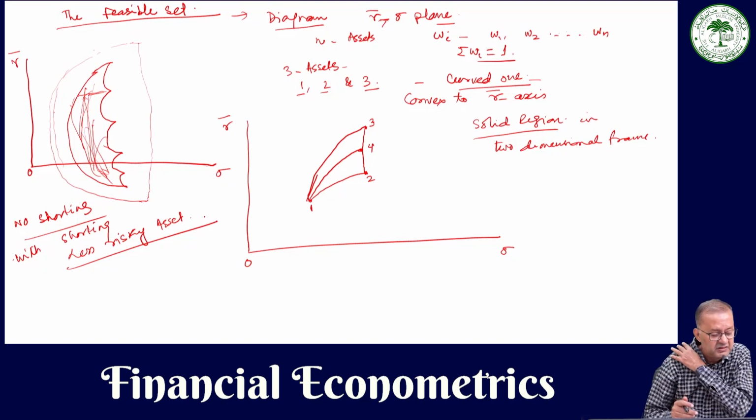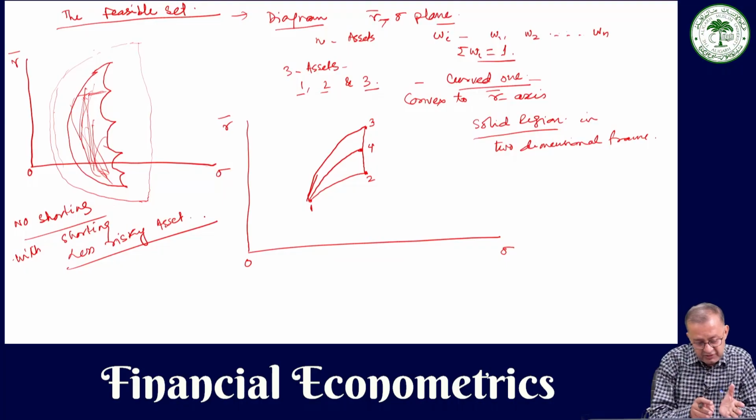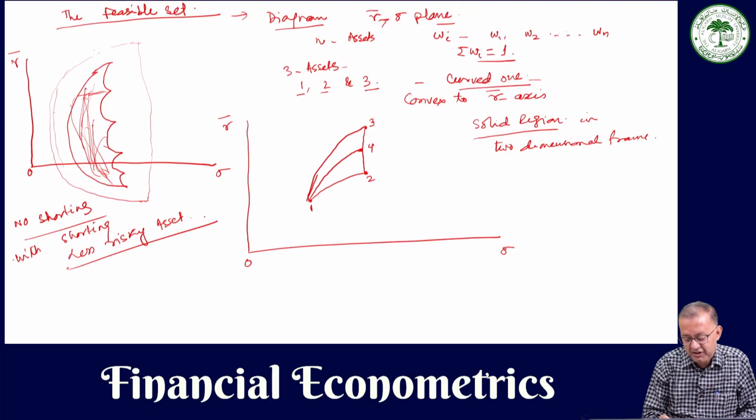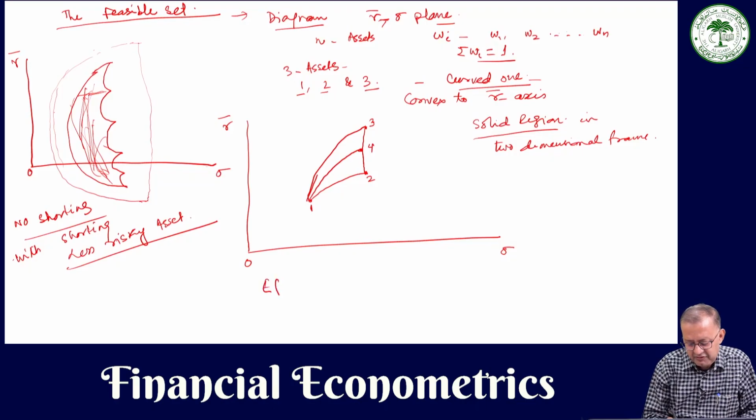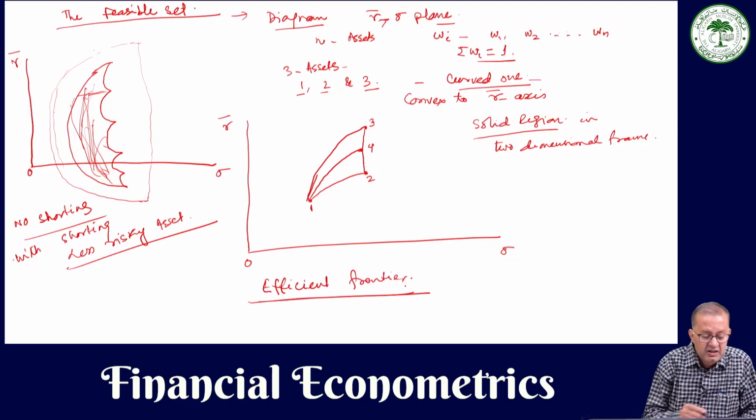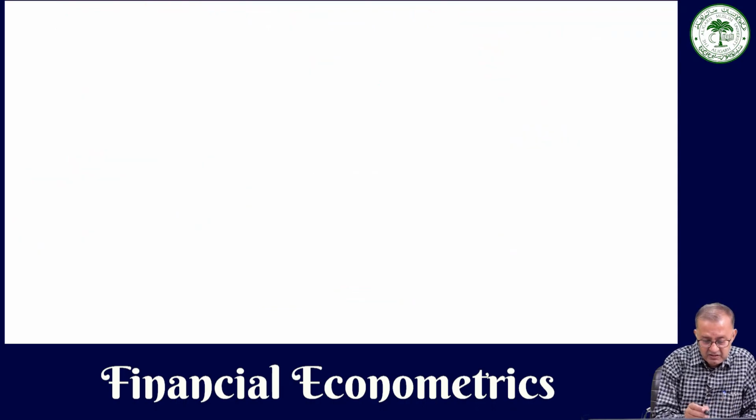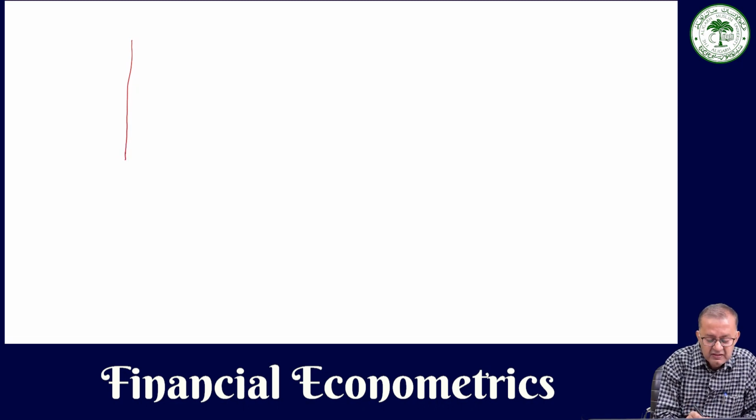Now, within this feasible set, if we try to find the efficient frontier, the efficient frontier can be obtained like this.